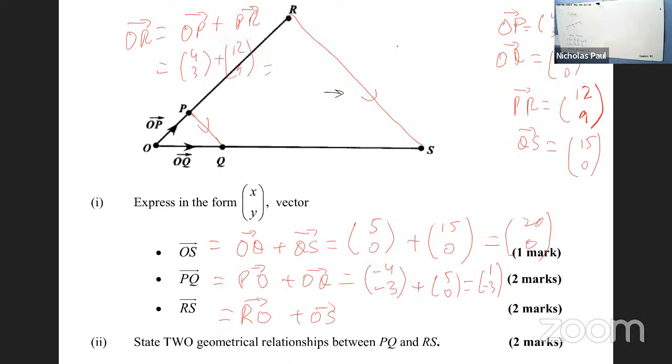So the answer is 16,12. If I know OR, how do I get RO? Change the sign, right? So that'll be negative 16, negative 12, plus OS. Where is OS? OS is 20,0. So I am getting 4, -12.